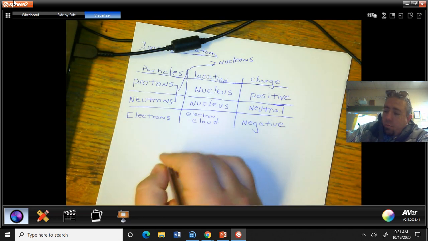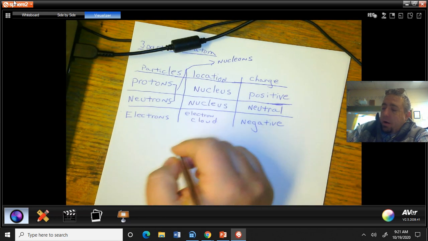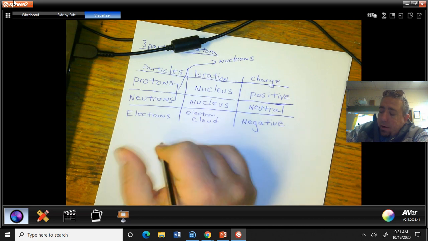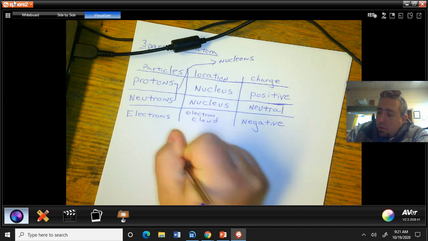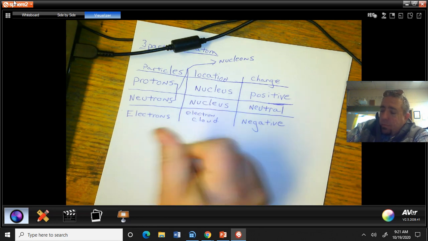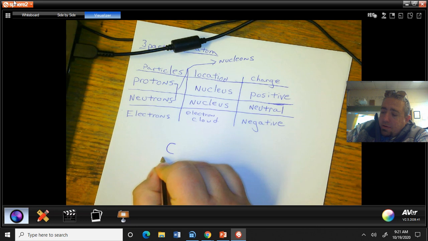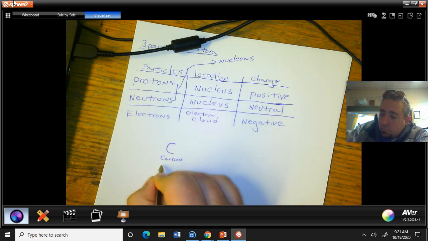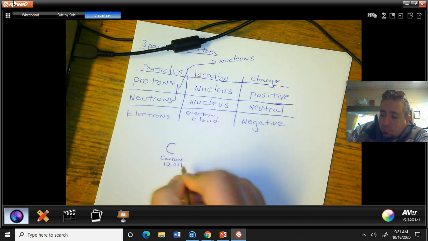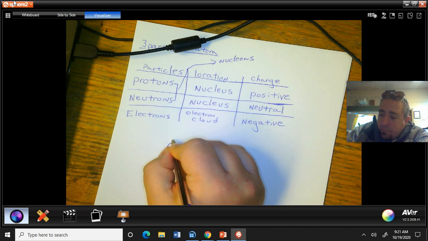Okay, so the key on a periodic table, it's always going to have, like the one we saw, we'll just use carbon, okay? It's going to have the symbol, it's going to have the element name, it's going to have the atomic mass, and it's going to have the atomic number.